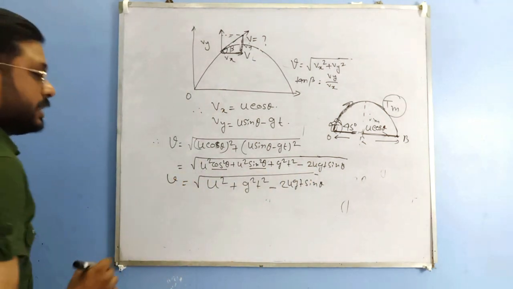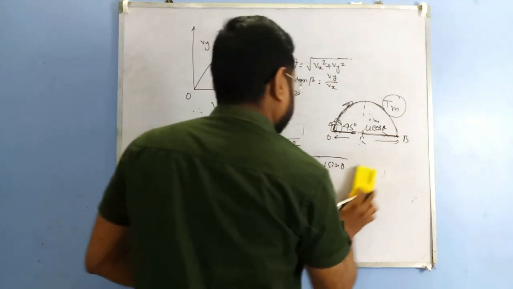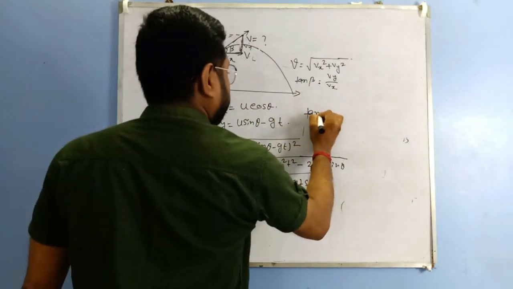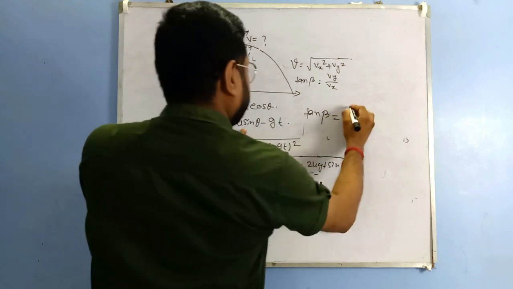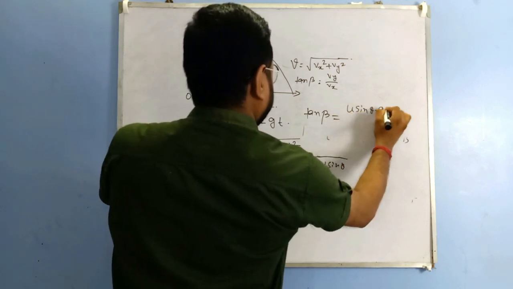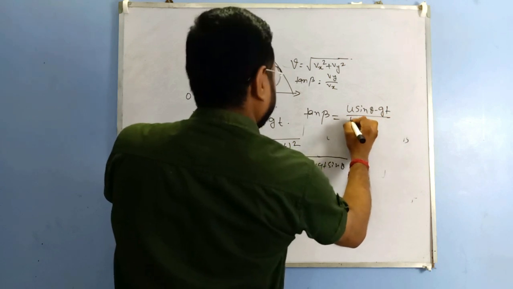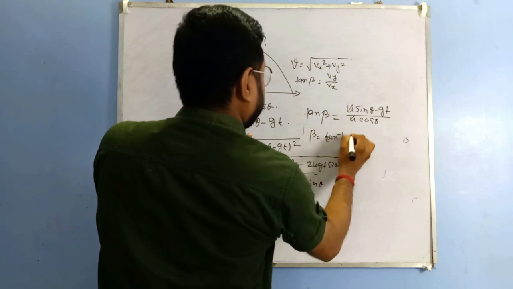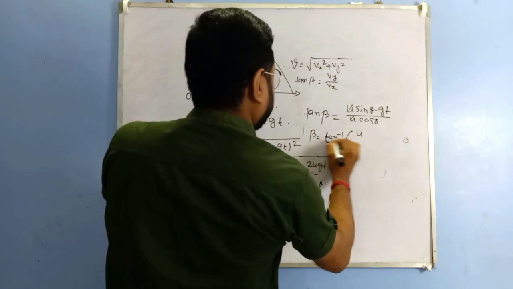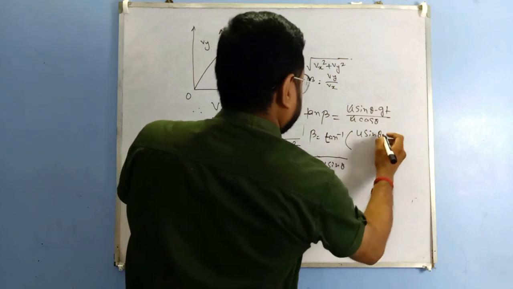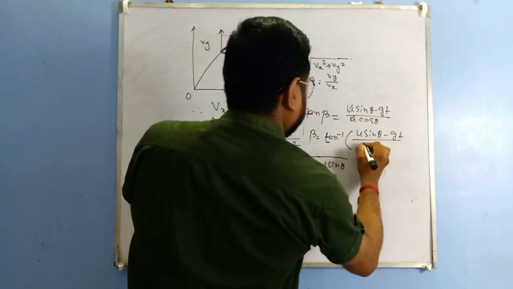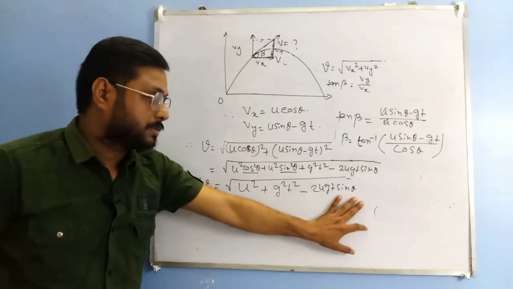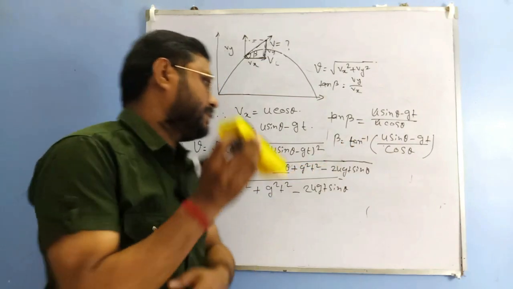This is the magnitude of the resultant velocity, and direction is tan beta equal to Vy by Vx equal to u sin theta minus gt by u cos theta. Beta equal to tan inverse of (u sin theta minus gt) divided by u cos theta. So at any point the resultant velocity has this magnitude and this direction.